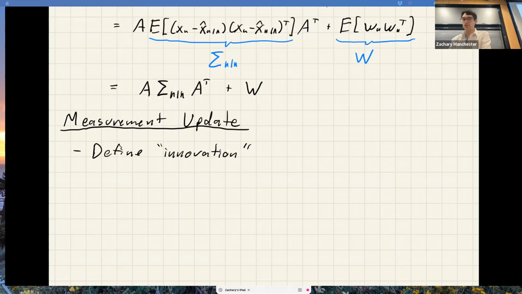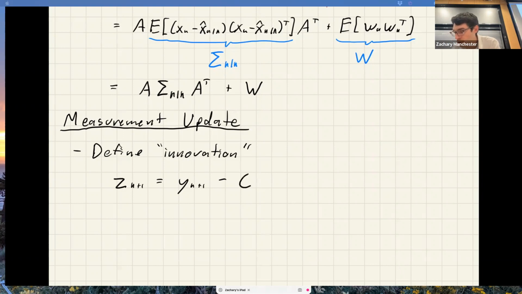The idea here is that this is the difference between your prediction and the actual measurement. I'm going to call this Z, so Z K plus 1 is the actual measurement, Y K plus 1, minus your prediction of what the measurement should be.